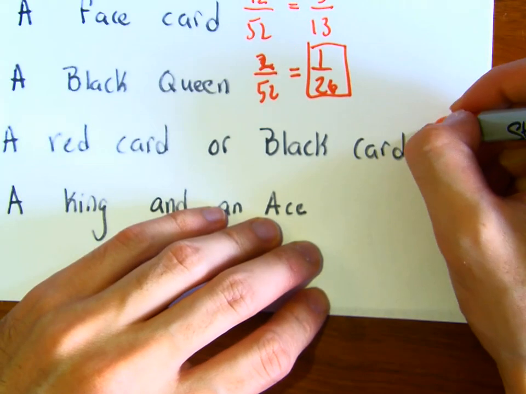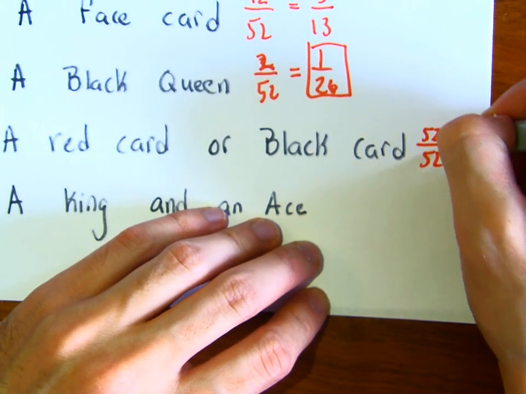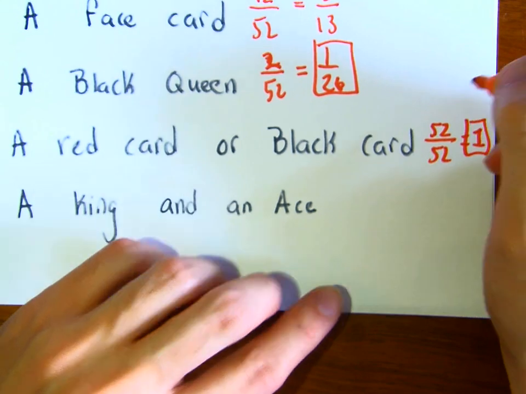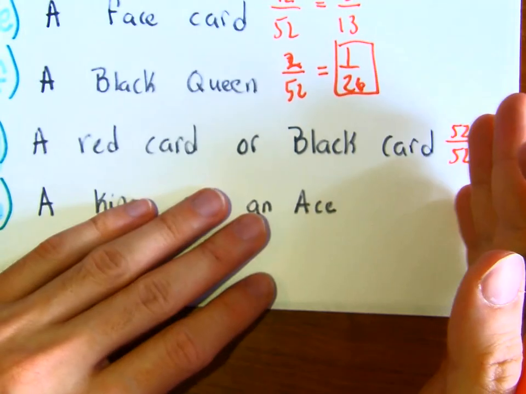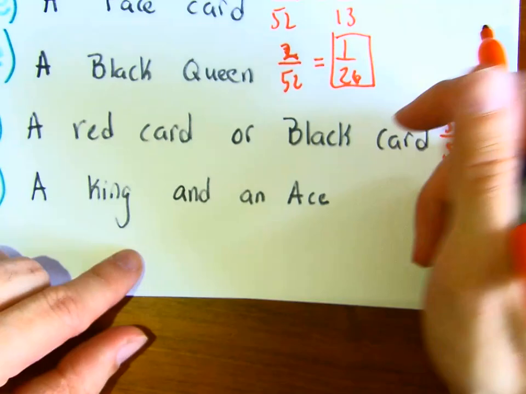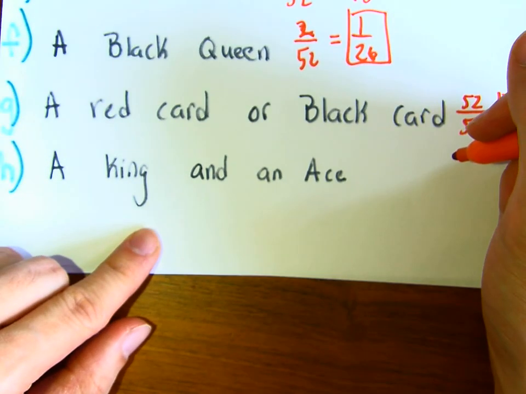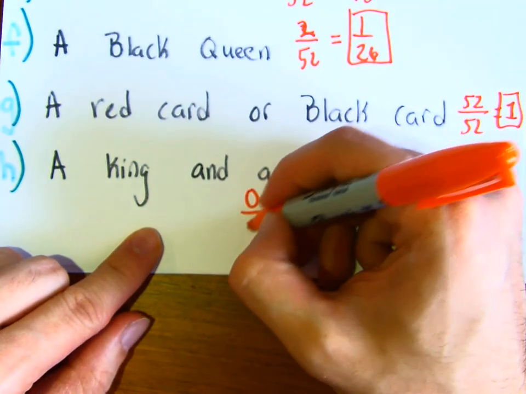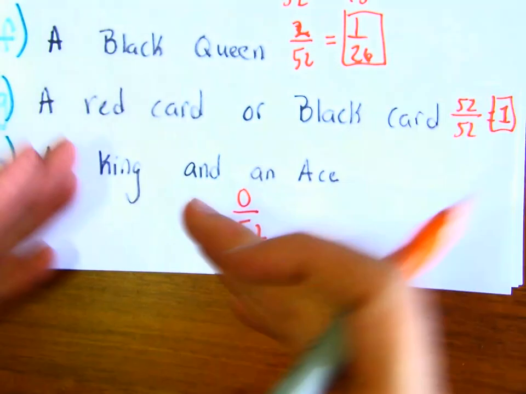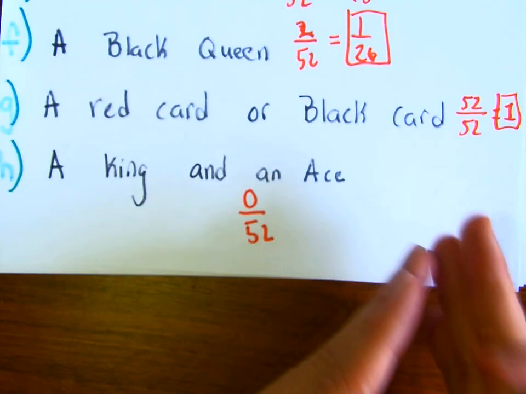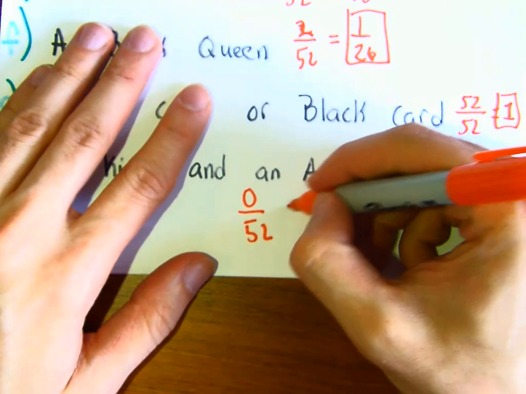Here, this was 52 over 52, where it equals 1. Because every card in the deck is either red or black. Okay? A king and an ace. So this is 0 over 52, because there is no card that is a king and that is also an ace. So this is 0.